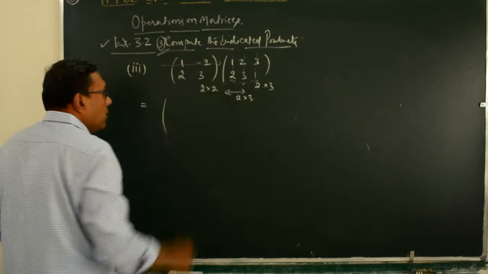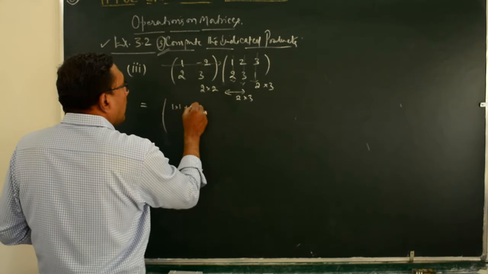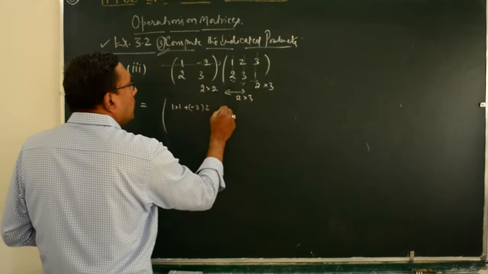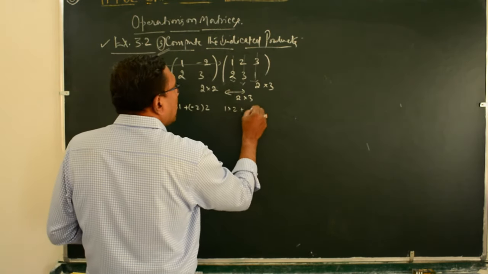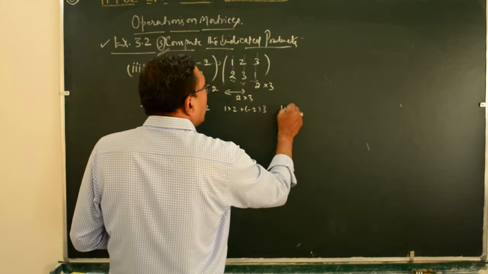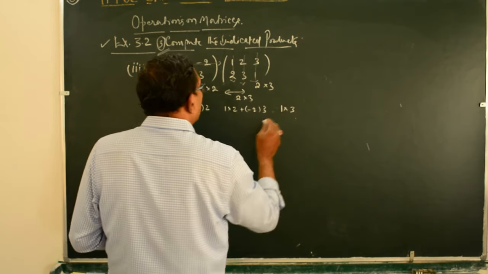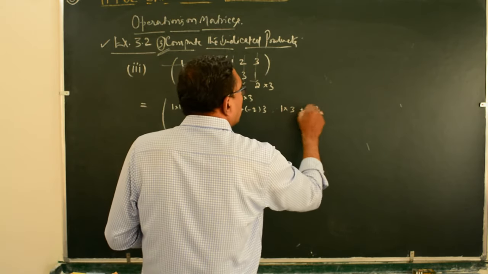We get 1 into 1 plus minus 2 into 2, and 1 into 2 plus minus 2 into 3, and 1 into 3 and minus 2 into 1.